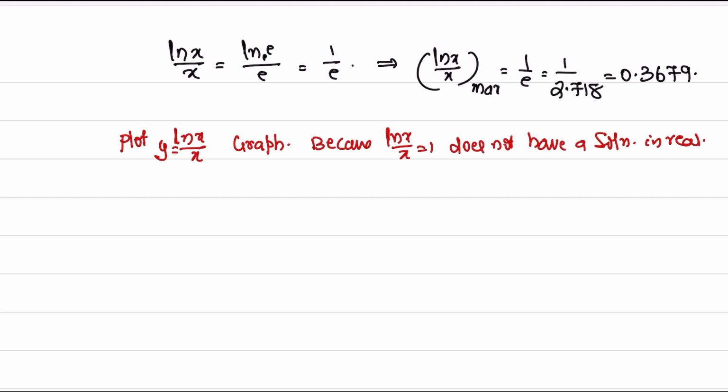Hence, you try to plot ln x by x for the known values. We have known certain values.